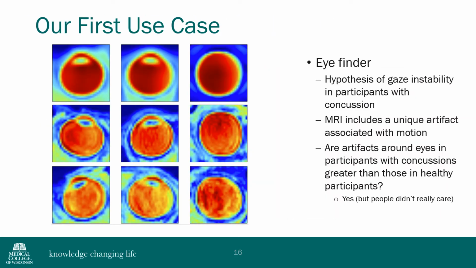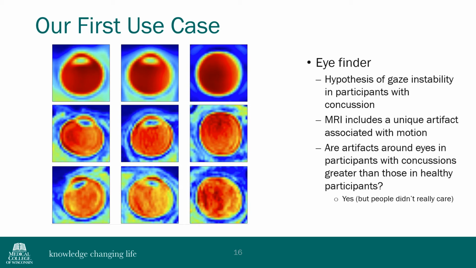So before we had any of the infrastructure built in the CIR, I started a project in my lab just to get familiar with this idea of using deep learning as part of a research project. And so we created for the concussion studies here a little deep neural network to find eyeballs in T2 weighted images.